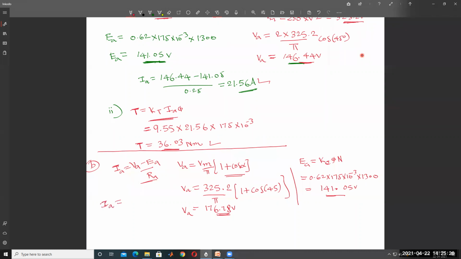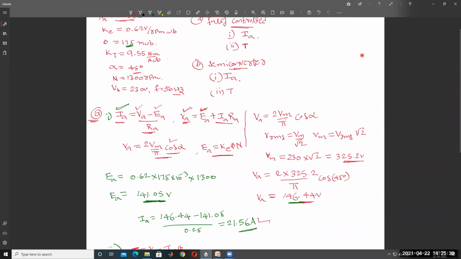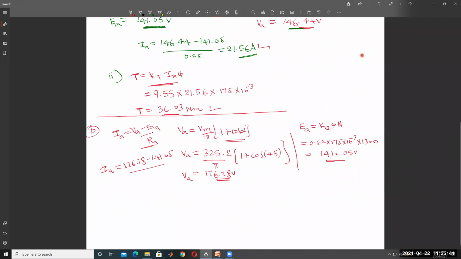Substitute here, you will get IA is equal to VA, 176.78, minus 141.05, by RA. Armature resistance, how much? 0.25.